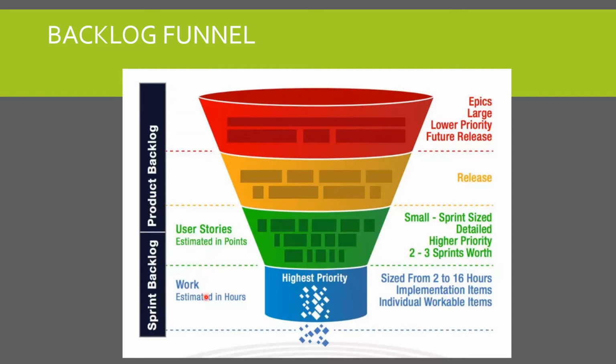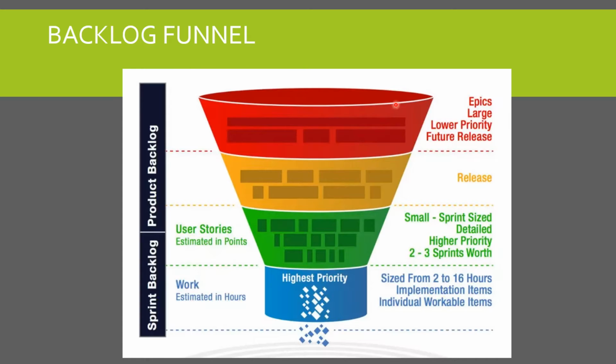And finally it becomes work items or tasks, which are estimated in hours, sized between 2 to 16 hours, implementation items and individual workable items, right? So this is how the backlog funnel works.